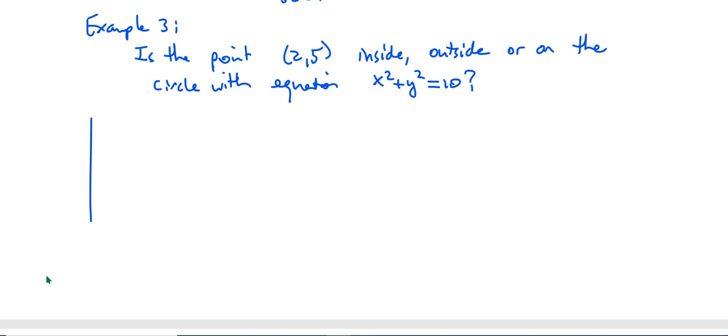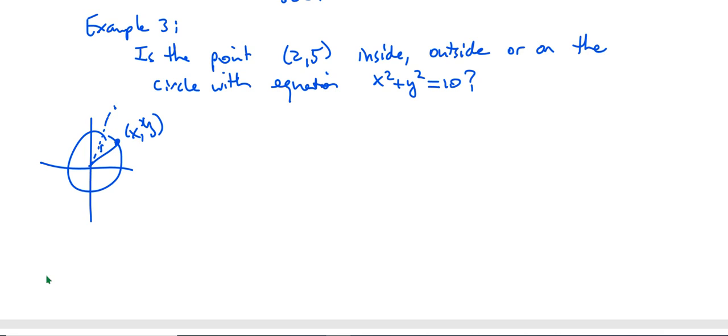If I have a point that's on a circle, then for that point (x, y), x squared plus y squared would equal r squared, because it's on the circle. But if I have a point that's outside the circle, the distance from that point to the center is larger than the radius.